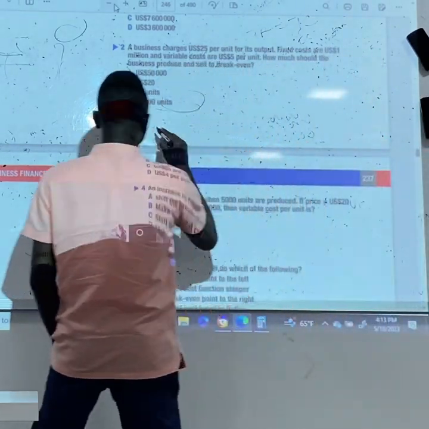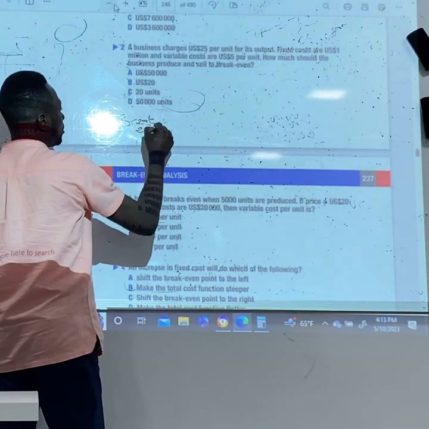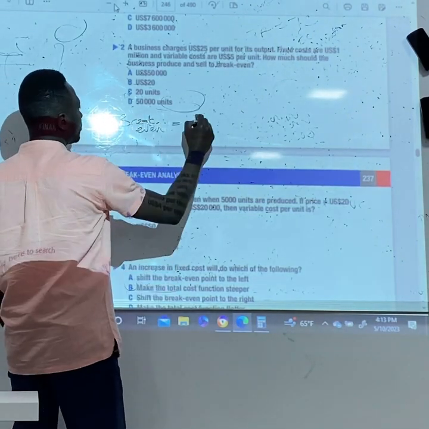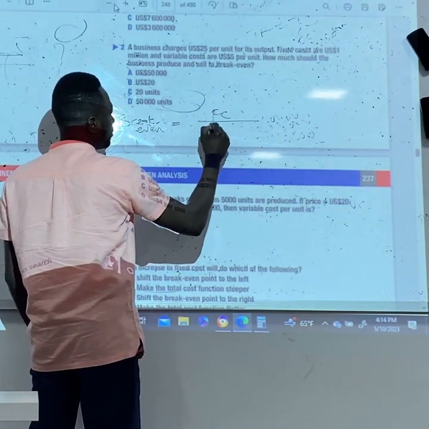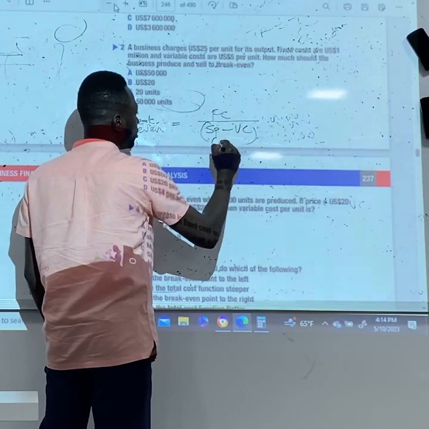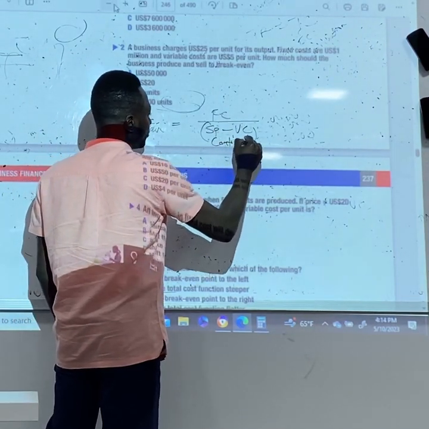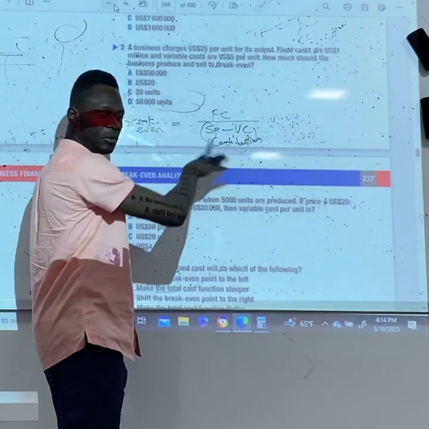Remember I said break even is equal to fixed cost divided by selling price minus variable cost per unit, which is the same as contribution. So this is the formula, right?